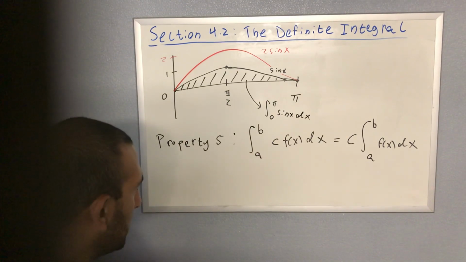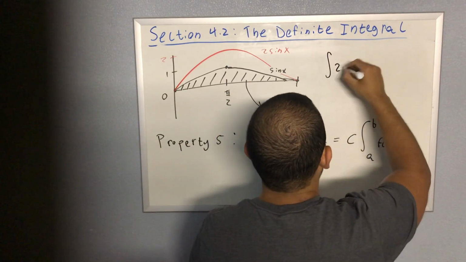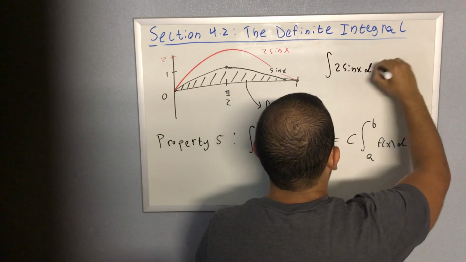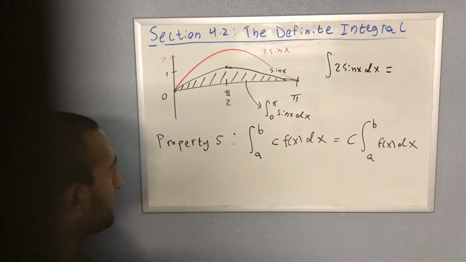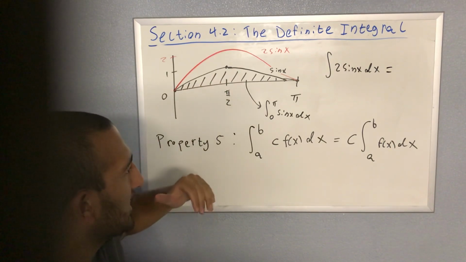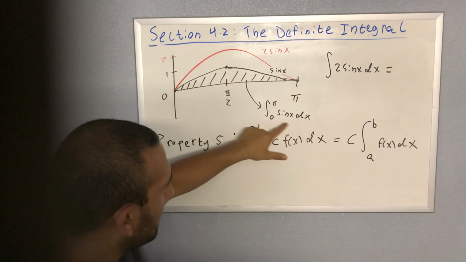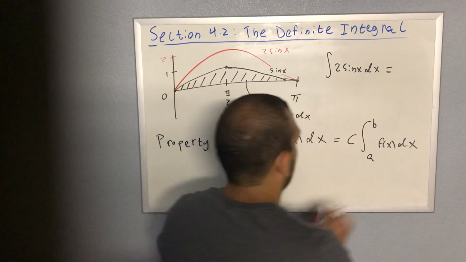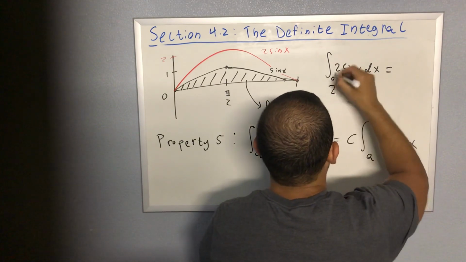How does the area of this compare to the one that we have, 2 times sine x? Well, it looks like twice as high, right? So you would literally just double this. If you take this and double it, this is really just 2 times the old area. Sorry, this should be 0 to pi.